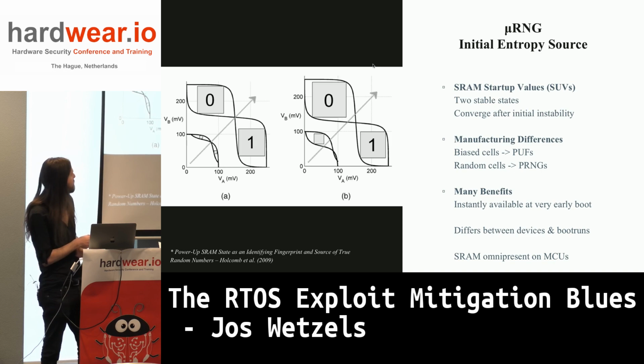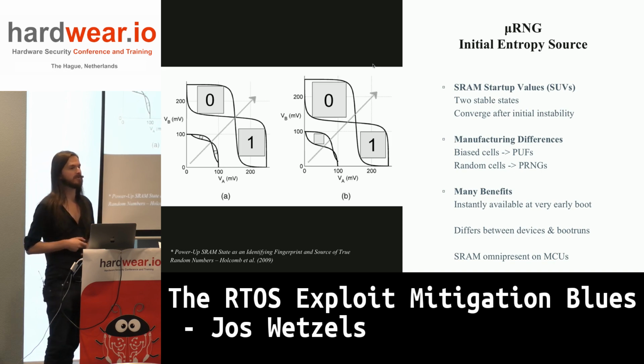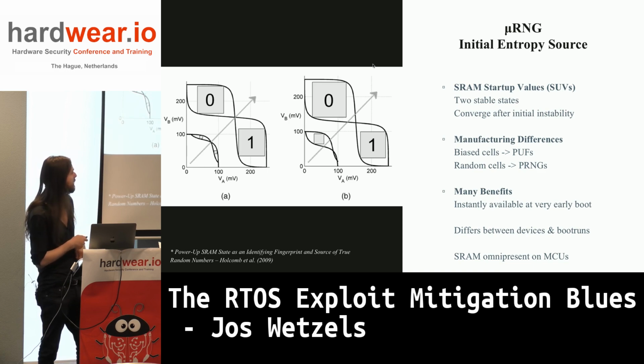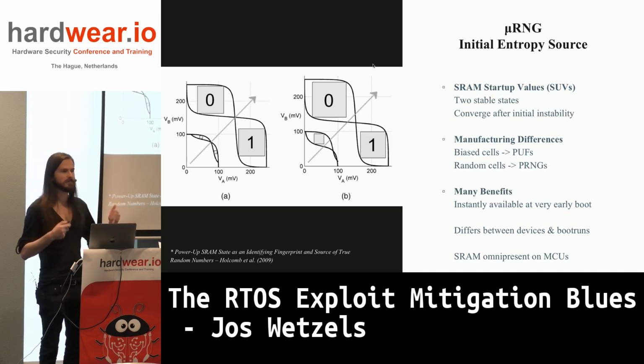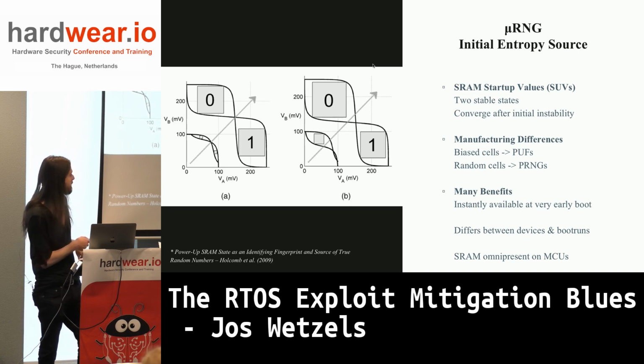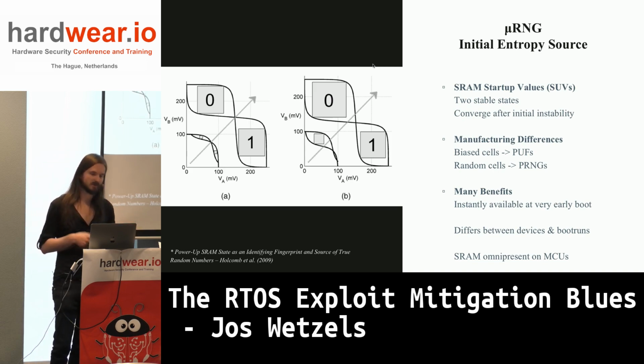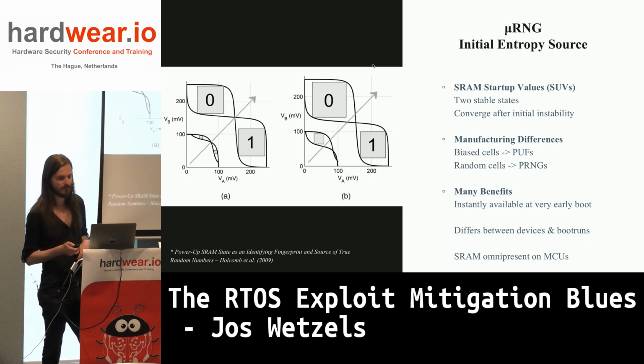That means the convergence is governed by environmental noise, which makes them a very suitable source of initial entropy. This has many benefits because all of the SRAM is available at boot very rapidly, which solves the boot time entropy hole problem. Secondly, it differs between devices and boot runs, which ensures good diversification. And finally, SRAM is omnipresent on most microcontroller units, so that makes for a very good source.